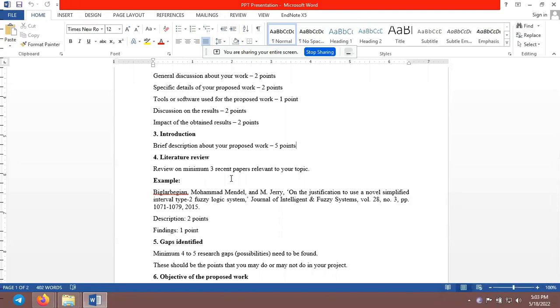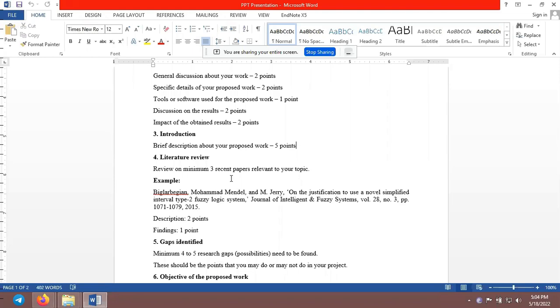Serial number and author name. Write down the author name from that paper and the title of the paper, and other publication details you can add. And finally, under the findings tab, you should tell about the paper, what work has been carried out in that paper. How can you assess the findings in a literature review or a base paper?